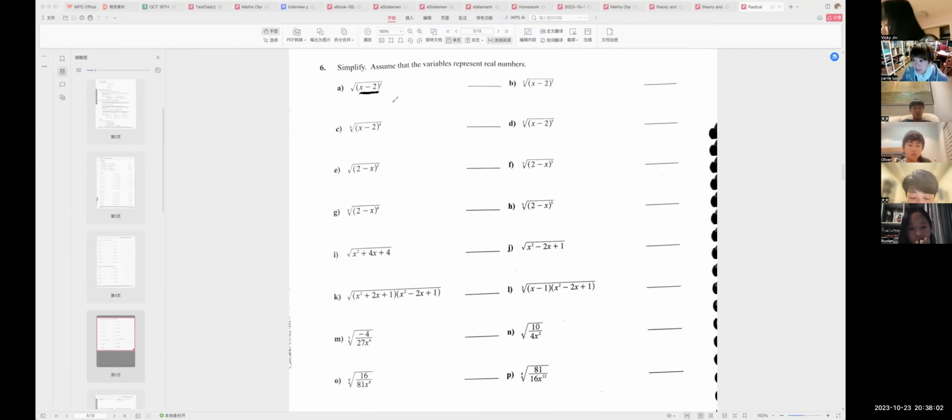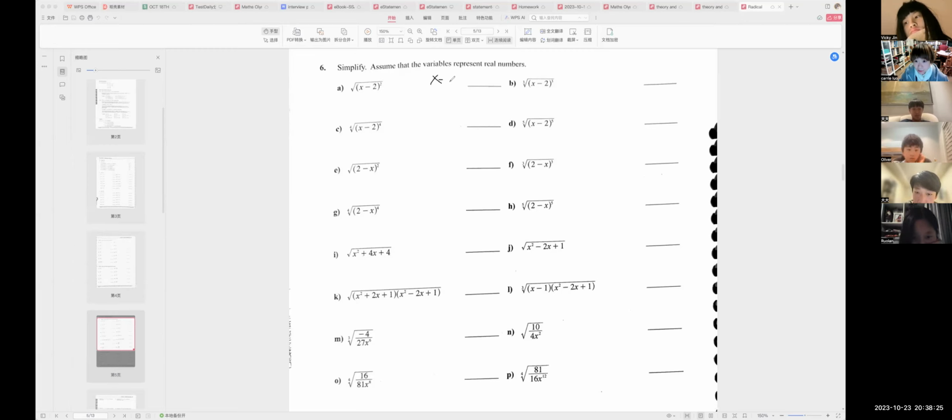It's exactly the same as x squared. Take the whole thing as x. So the square root of x squared equals x, and this one is exactly x minus 2. Understood, Vicky? Just take the whole thing as a variable and don't get scared.